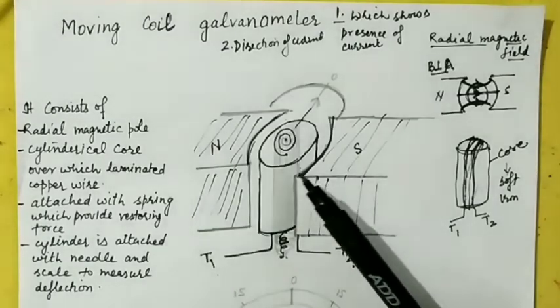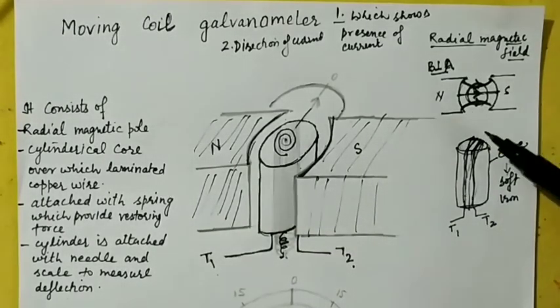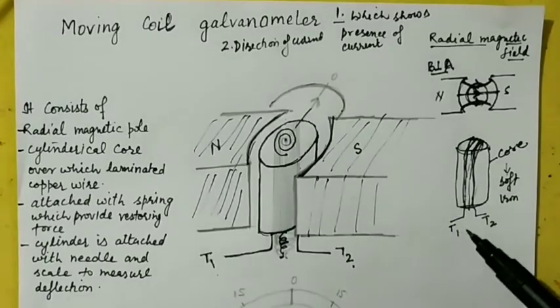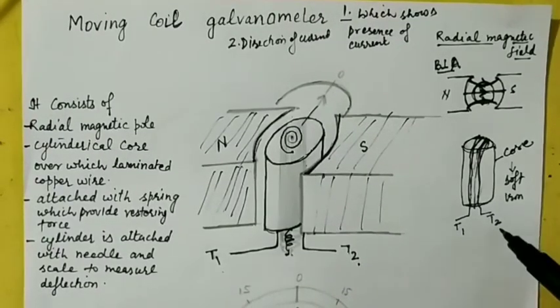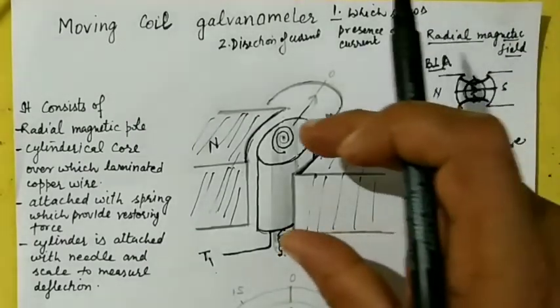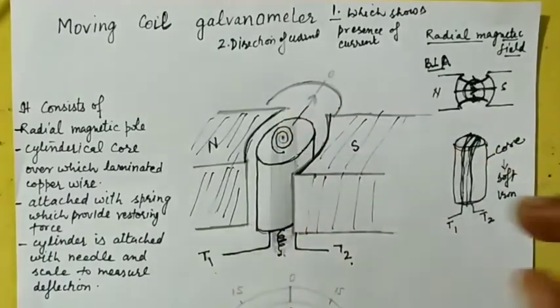Between the poles, we place a cylindrical core, over which we wrap a large number of laminated copper wire, which has two terminals T1 and T2. So this full arrangement is kept between the poles.